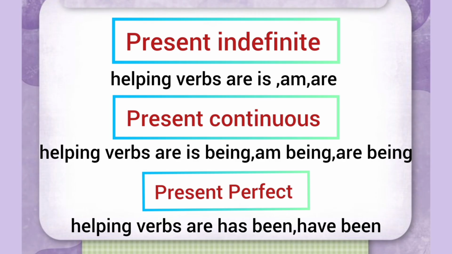Now for present indefinite tense, helping verbs are is, am, are. For present continuous, helping verbs are is being, am being, are being. And for present perfect, helping verbs are has been and have been. Now I am going to apply this strategy of active and passive voice for positive, negative and interrogative sentences.